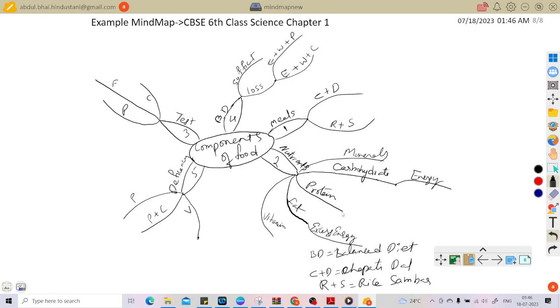And proteins are for the growth of the body. Vitamins, what is the purpose of the vitamins? Vitamins are used for keeping healthy skin, teeth and bones.